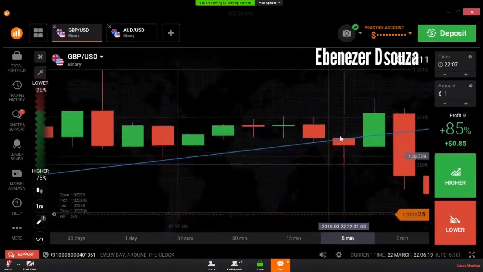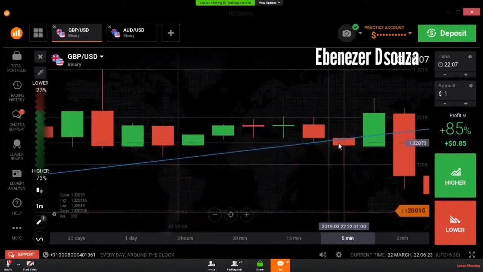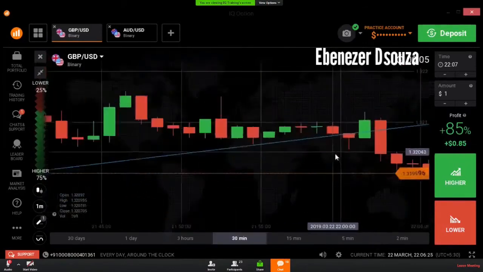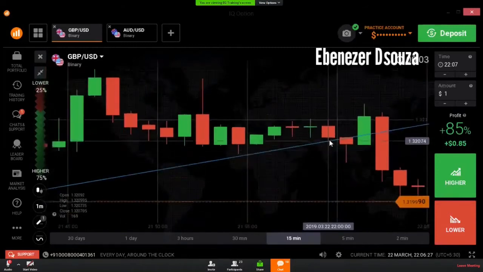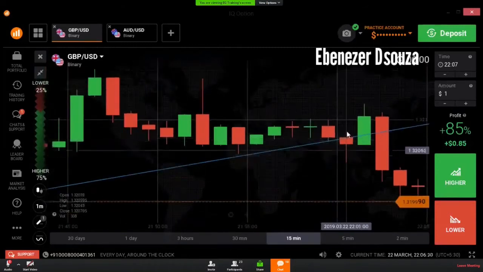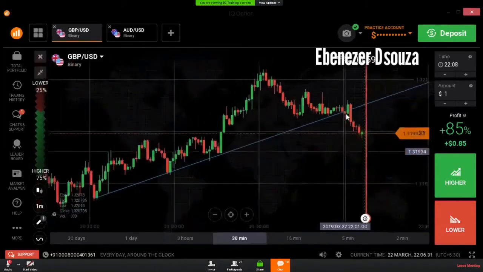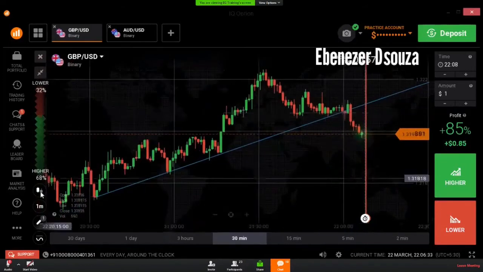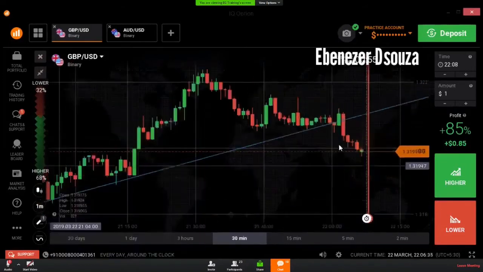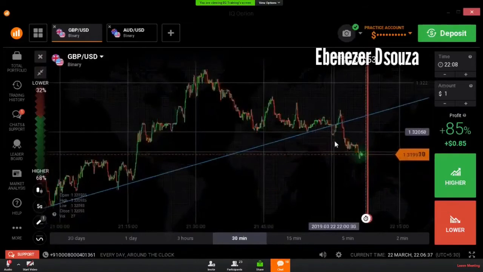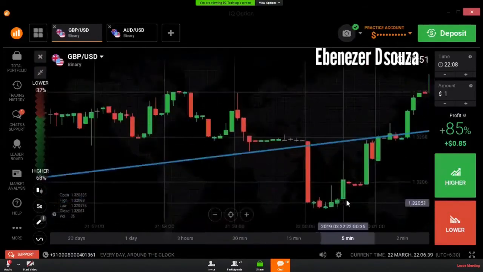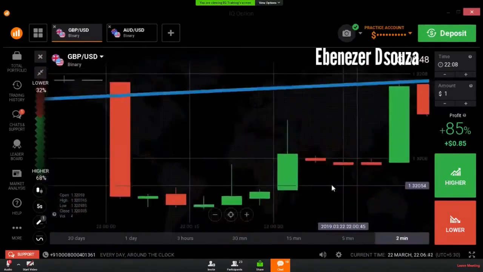We are seeing a breakout candlestick. We are seeing a confirmation candle here, not here. I will show you this candle just closed above the level. In this candle, if we get any confirmation candle, we'll place our trade. I will show you here, but always place your trade with confirmation.